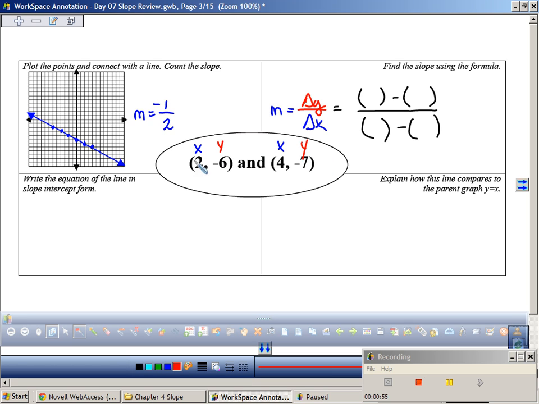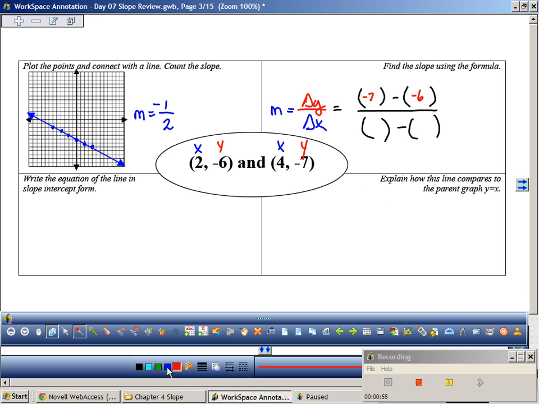If I were to write (2, -6) and (4, -7), what would be the last thing I wrote? -7, correct? So to untie that knot, my y's are -7 and -6, and my x's are 4 and 2. That's what I taught you how to do on Friday, correct?